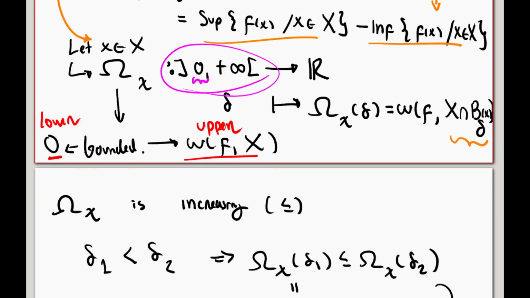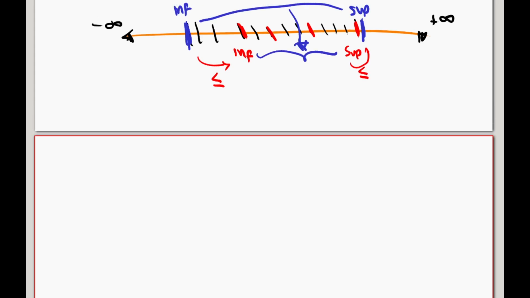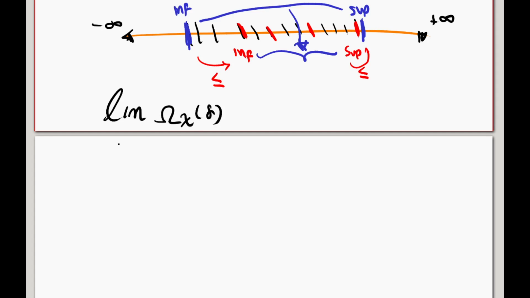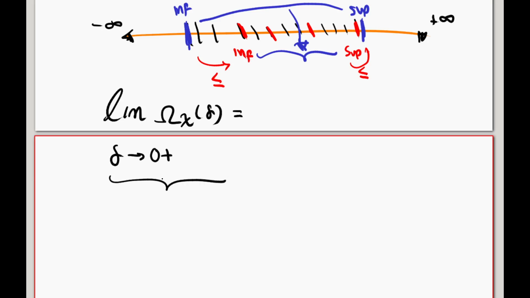So 0 is an accumulation point to the right. Given that observation, it makes sense to write something like this. This limit can be defined because 0 is an accumulation point to the right, and this shall be equal to the infimum.